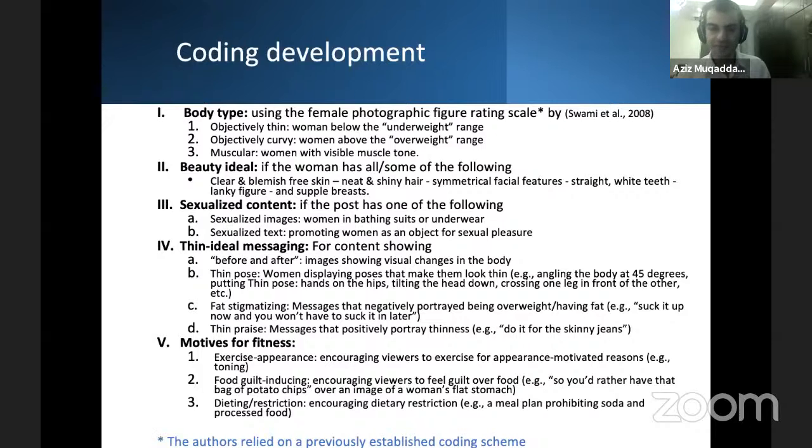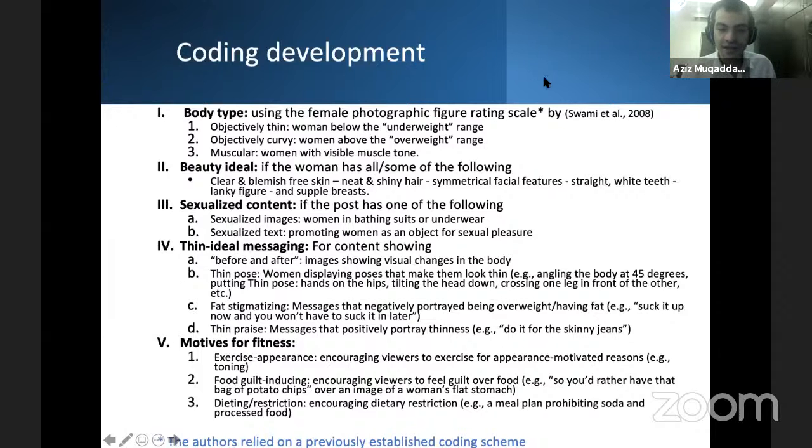So it said if the images show the before and after thing, like you show yourself back in 2018 and you look like, I don't know, not in a good shape. And then you have a perfect body in 2020 and they show you that before and after. I'm sure you've seen some version of that before. So they're saying, yeah, okay, this is like a thin ideal messaging, right?